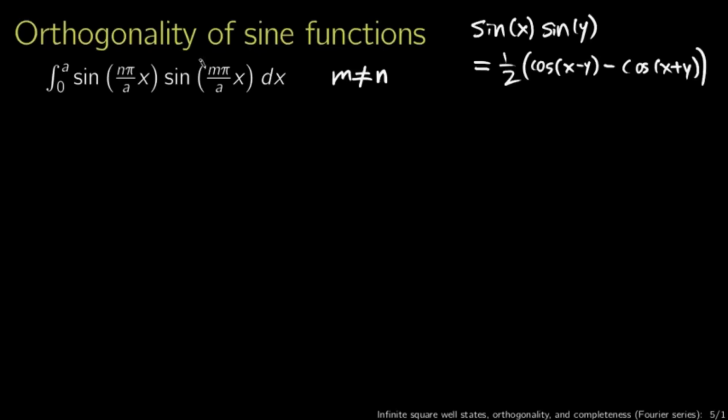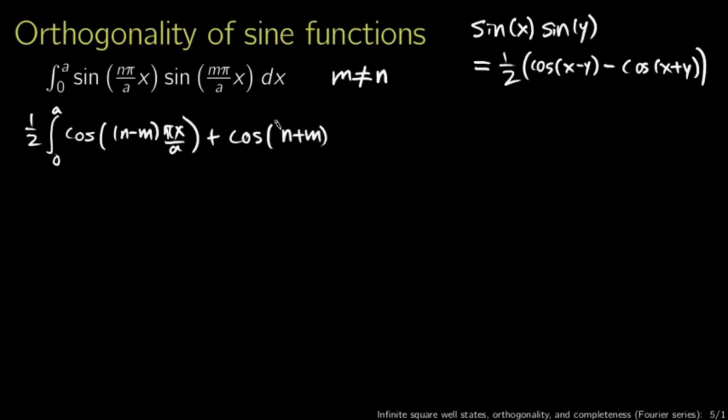If you apply this identity to this product, what you end up with is a half out front, the integral from 0 to a, as before, and now we have two cosine terms. And we're going to have a cosine of (n minus m) pi x over a plus cosine of (n plus m) pi x over a, all integrated dx. This is now an integral you can do. It's just an integral of cosine.